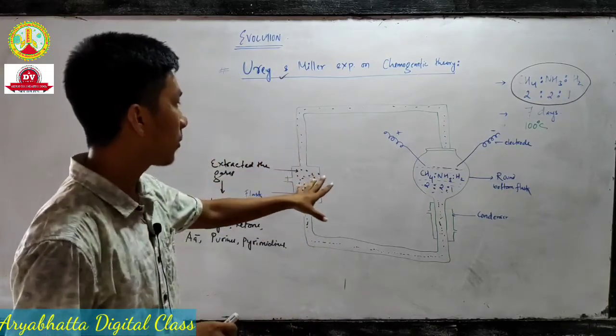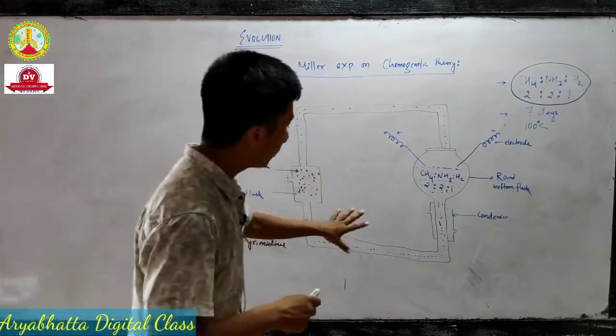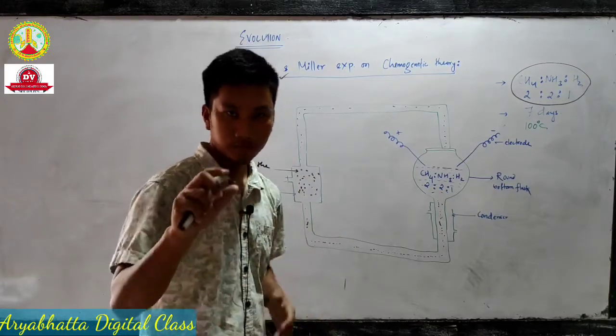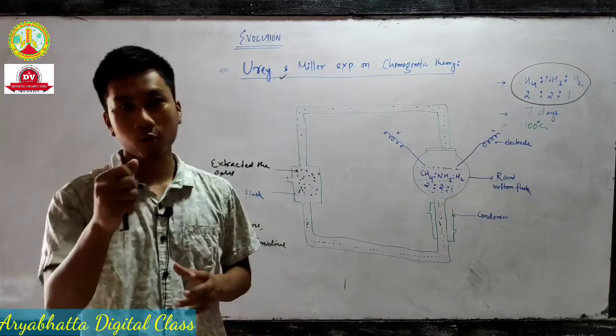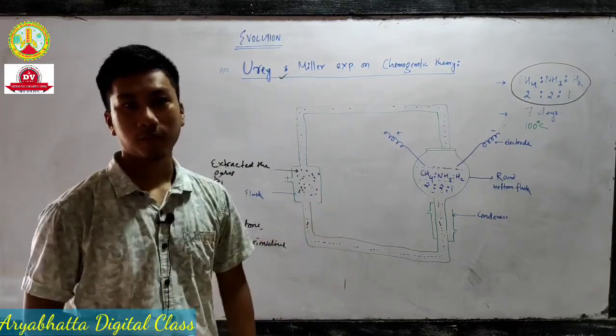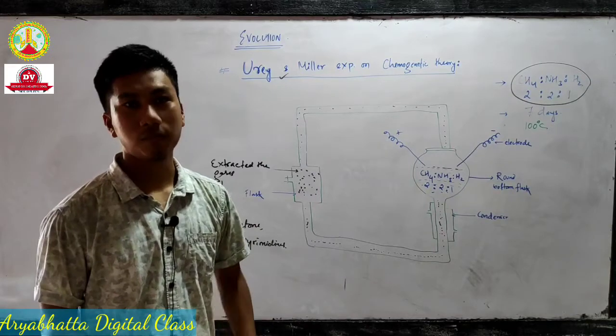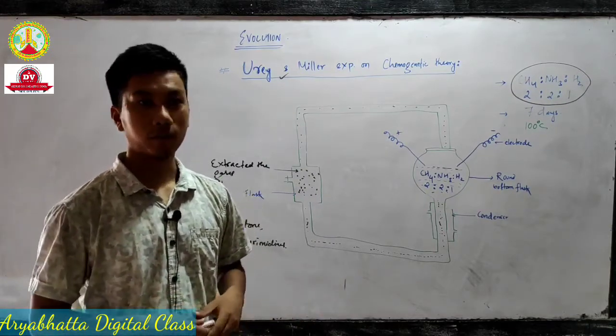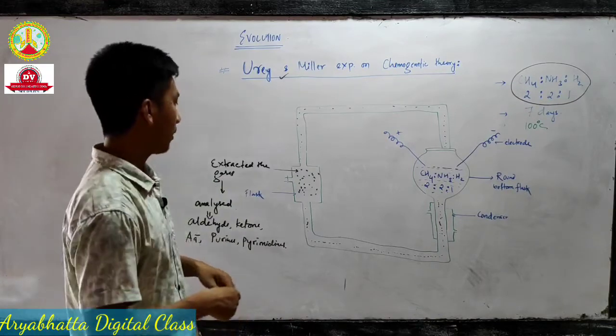This is just a simple experimental setup, and if you want it in more specific form, you can go through the NCERT book. Those who like drawing can go through the NCERT book, okay? That's it.